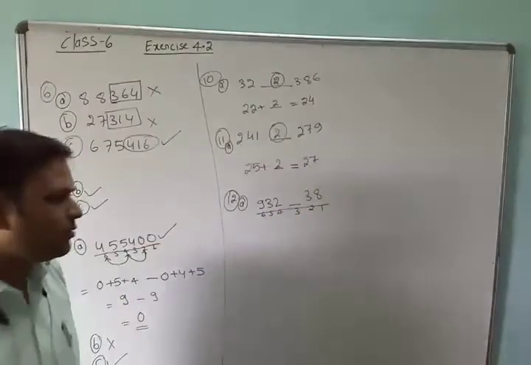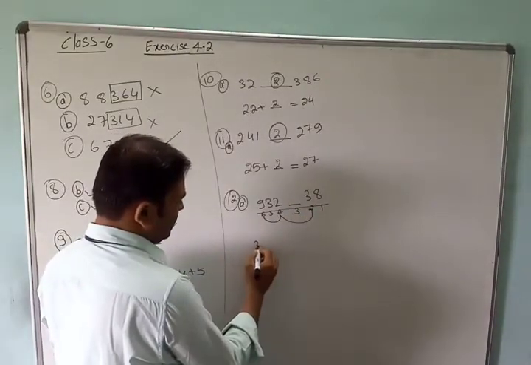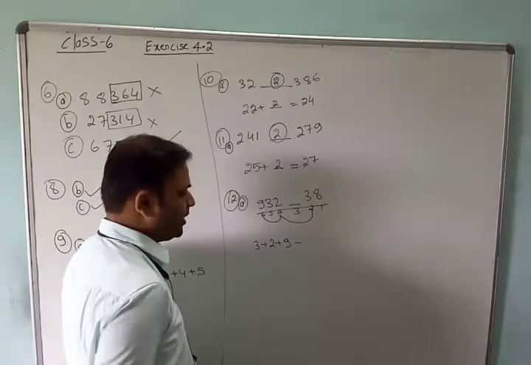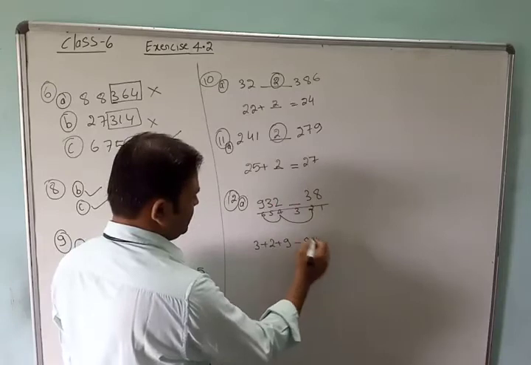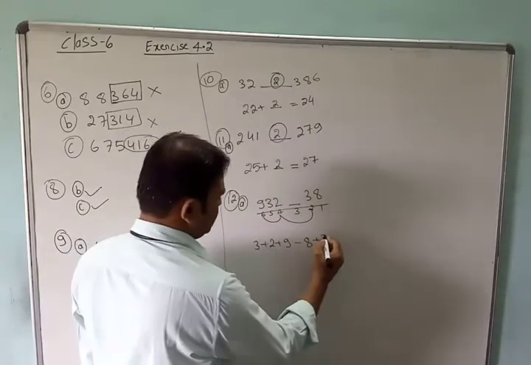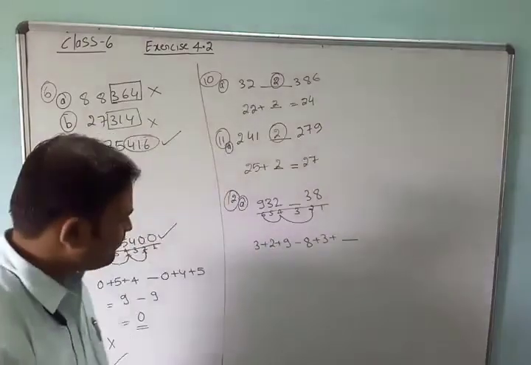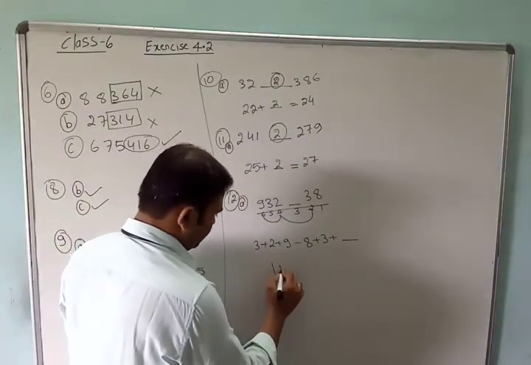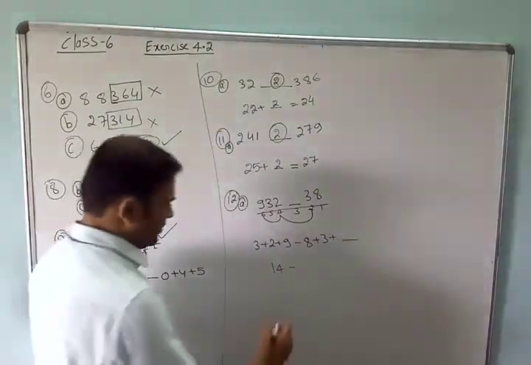So sum of even place digits: second place 3, fourth place 2 and sixth place 9, minus odd place digits: first place 8, third place nothing yet, and in fifth place it is 3. 3 plus 2 is 5, 5 plus 9 is 14, minus 8 plus 3 is 11.